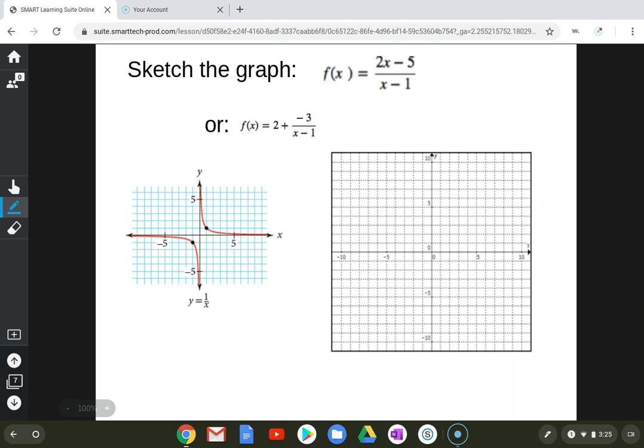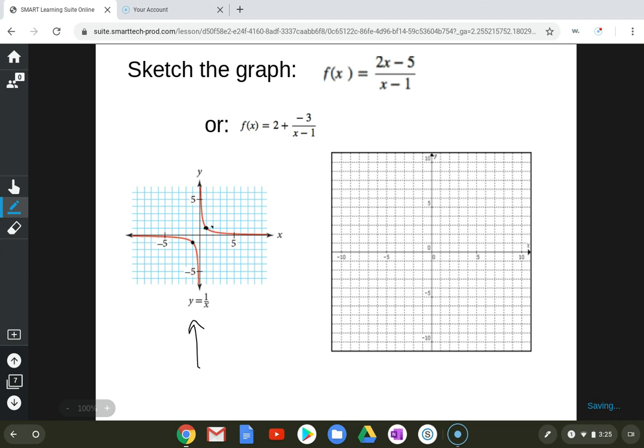So I've rewritten the function here as 2 plus negative 3 over x minus 1. Right here, we've got a graph of our parent function. So this is just what the normal parent function looks like. So let's see here. If we were to shift this to the right one, I'm going to just do this point right here and just see if you can follow me along. I'm going to go right 1.